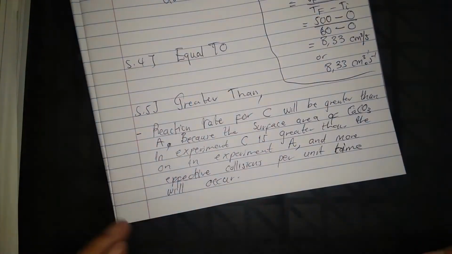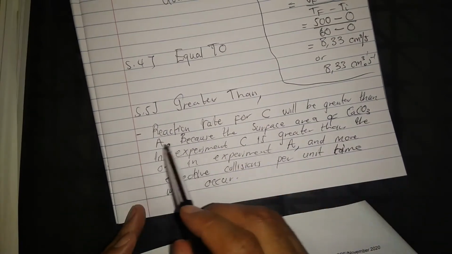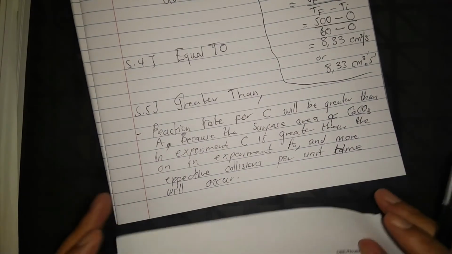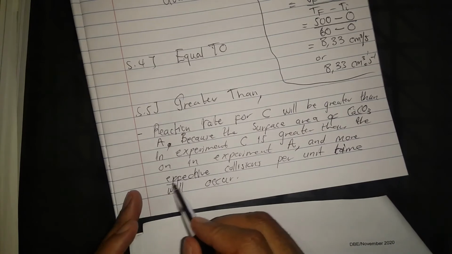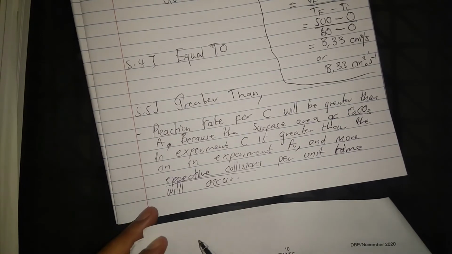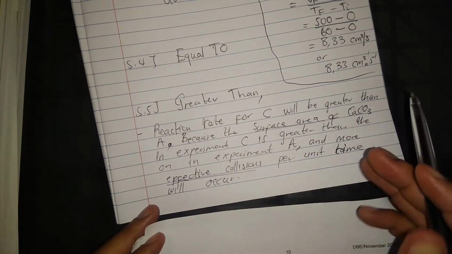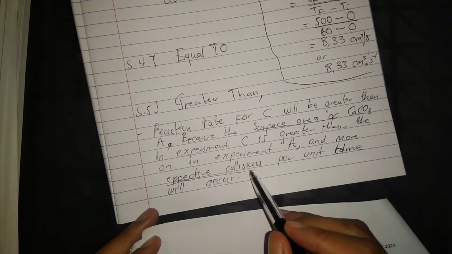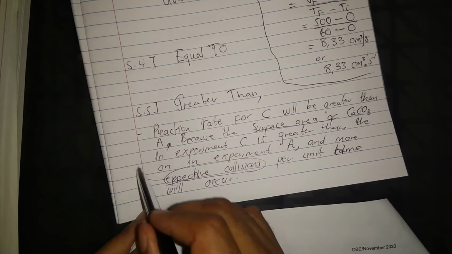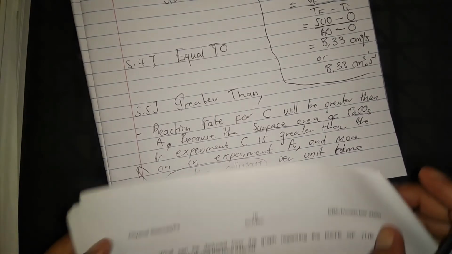Right, you can write something around these lines. But the keywords here, I say, are effective collisions. Don't forget to mention something like surface area. Effective collision is a keyword that comes from collision theory.